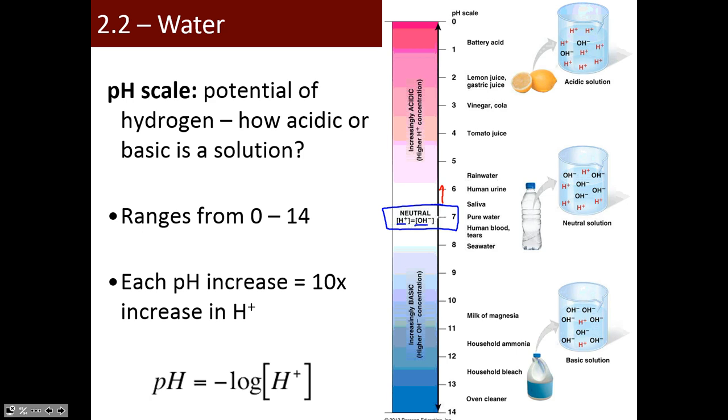If we go from 6 to 5, we increase our hydrogen ion concentration another 10 times. The reverse is also true. If you go from 7 to 8, from pure water to seawater, now we've reduced the hydrogen ion concentration 10 times. We have 10 times fewer hydrogen ions. So as you head towards 14, you're going to very few hydrogen ions.